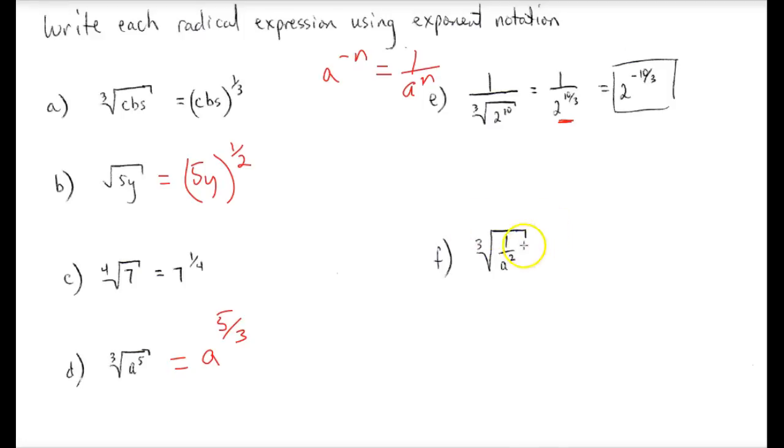Okay, and so same kind of thing here. There's a couple different ways we could go about doing this one. The way that I'm going to go is I'm going to simply change 1/a raised to the 2nd power as a raised to the -2 power. And then from there, if we do the conversion, that will be a raised to the -2/3 power.